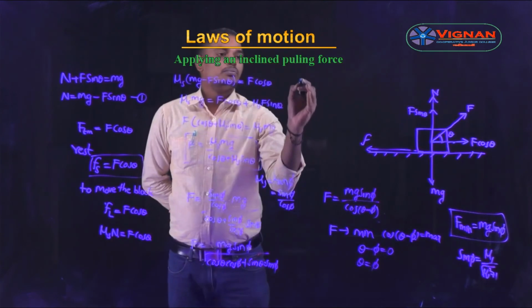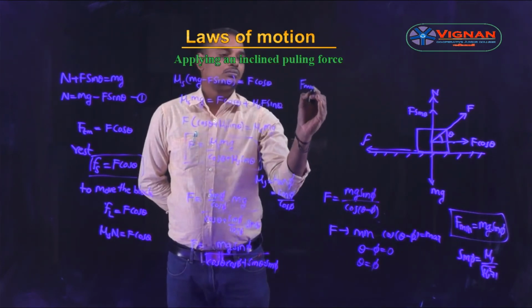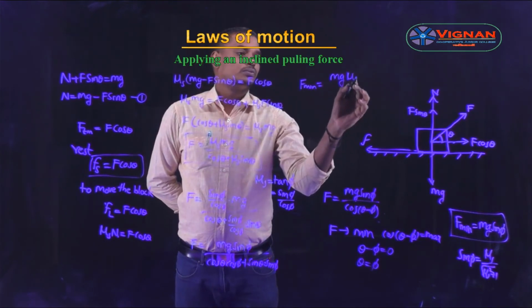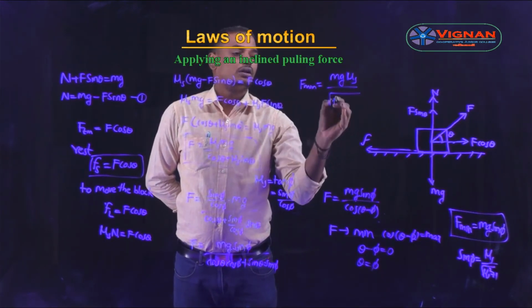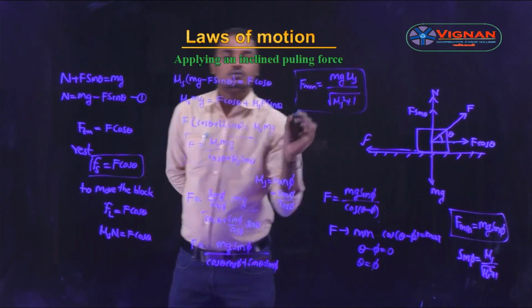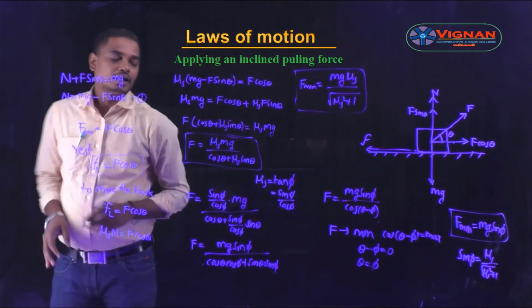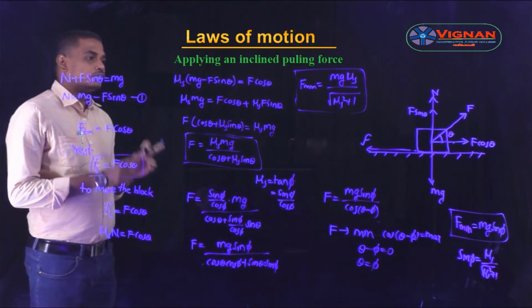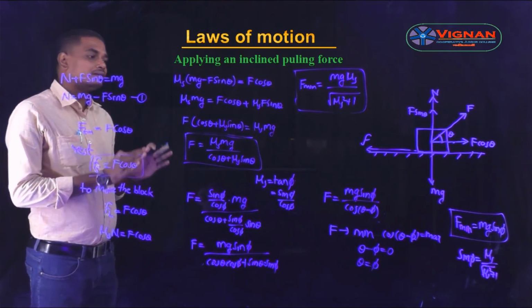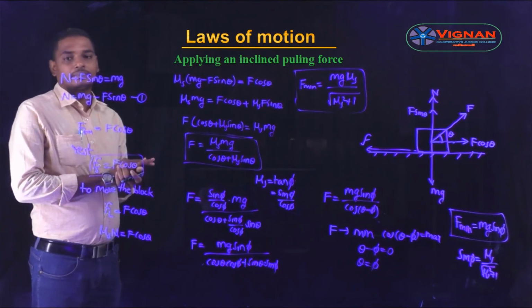So the minimum force is equal to mg mu s by root over (mu s square plus 1), which is the minimum pulling force required when the force F is inclined at an angle theta equal to phi.